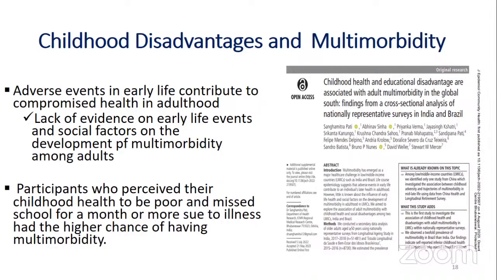These are all adult individuals aged 50 years and above, and they were asked at the time of data collection how they perceive their childhood health. Those who said that their childhood health was poor, or, in a second question, those who affirmed that they missed school for a month or more due to some illness, those particular individuals had a higher chance of having multimorbidity in their adulthood, or at present.